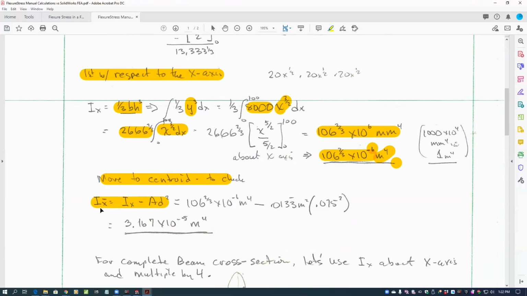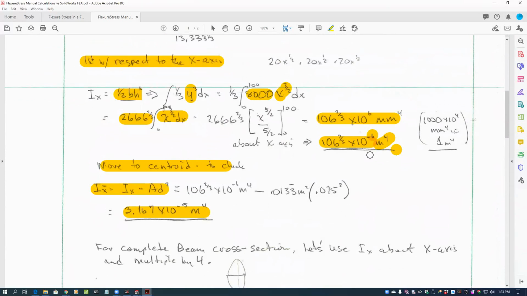So our moment of inertia with respect to the centroidal axis would be the area moment of inertia with respect to the x minus A d squared. So that would be the value of our area moment of inertia with respect to the centroidal axis.